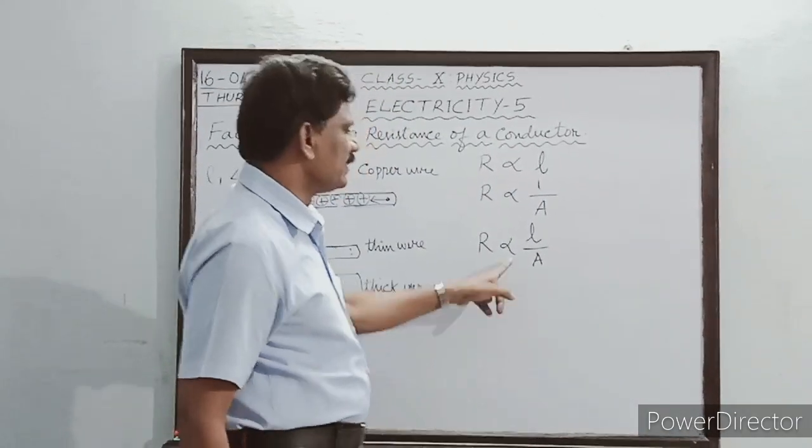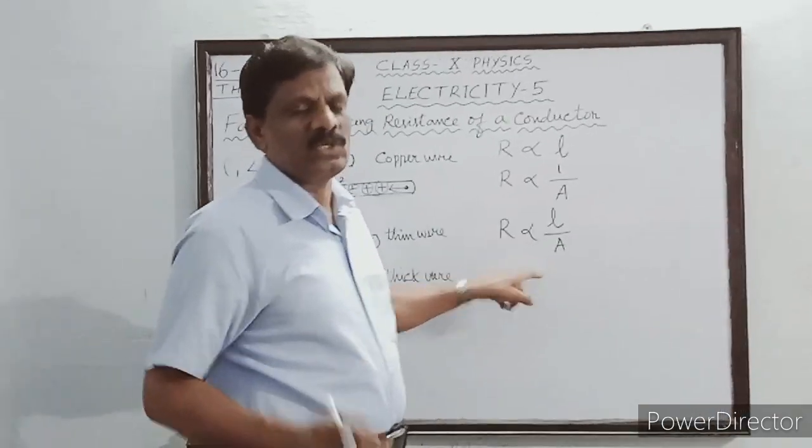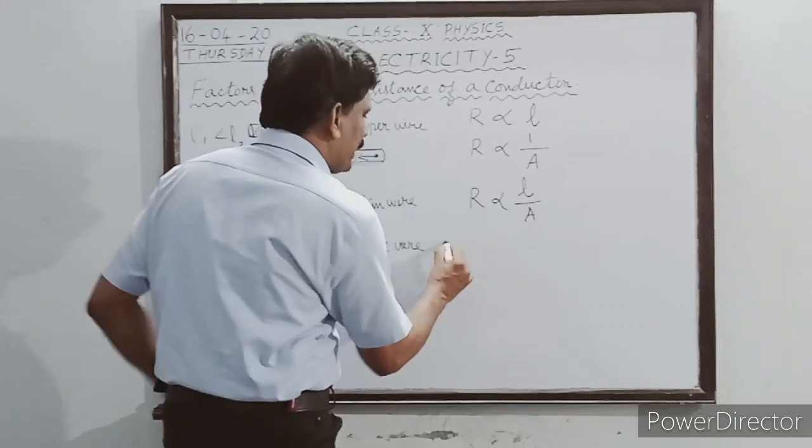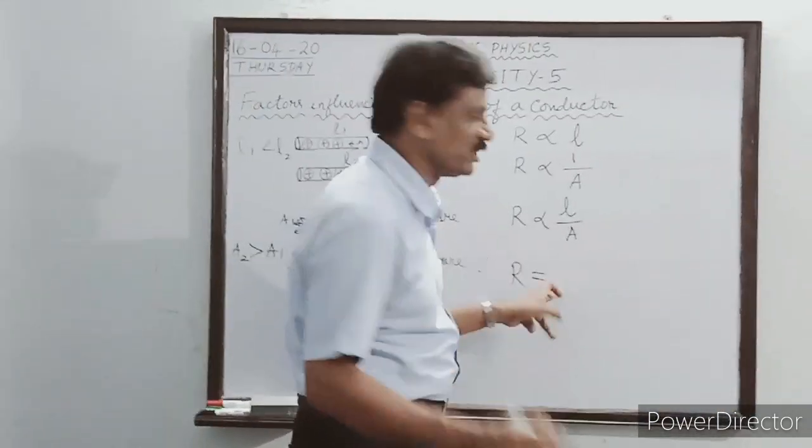Okay, this is not an equation, it is an expression. There is a proportionality constant, so I am going to convert this into an equation. Therefore, the resistance of a conductor is equal to some constant of proportionality.